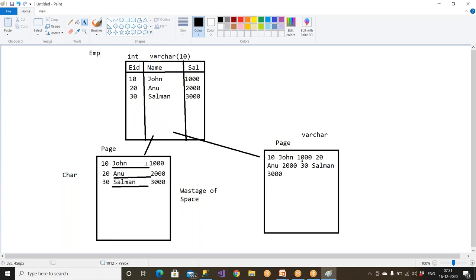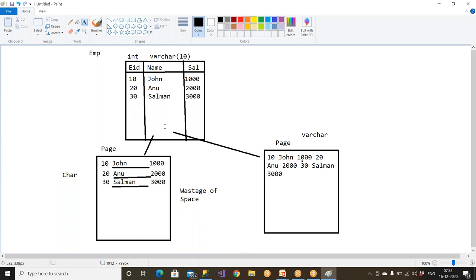Clear? So, in the character data, you will waste a lot of space in the hard disk. With varchar data you don't waste. You say 10, John, after that no space left. Clear? So that is what varchar is. Now you think varchar is always better than character data.